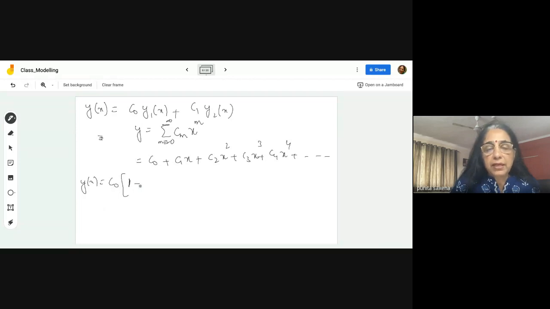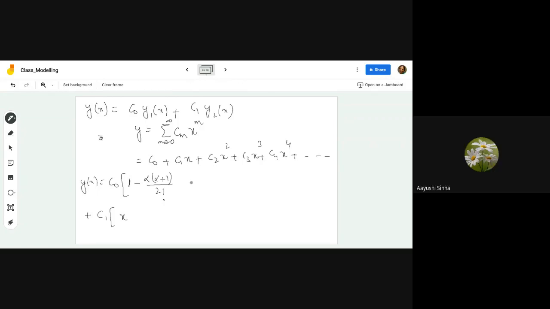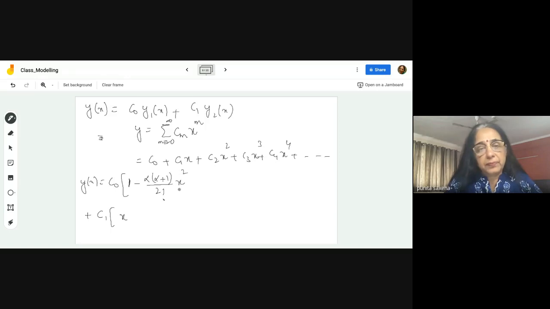So I'm writing C0 into something plus C1 into something. So the first term, with C1, it will be x. Now comes C2, right? So how much was C2? Minus alpha plus 1 upon 2 factorial, that was it, right? Into x square, right? Then plus C3x cube.